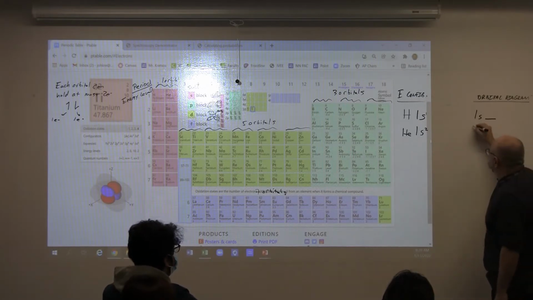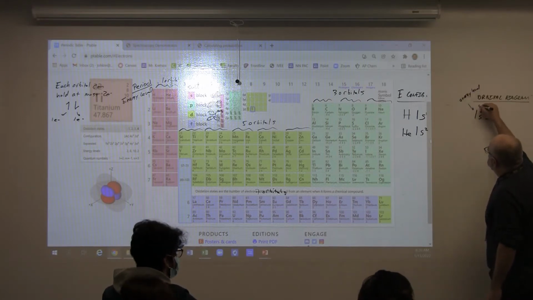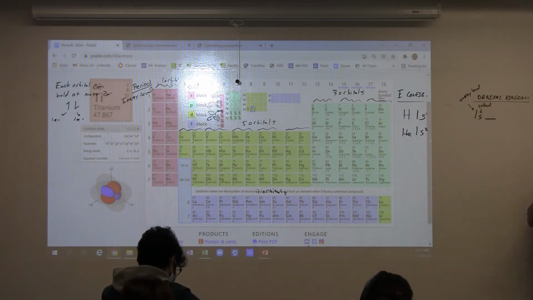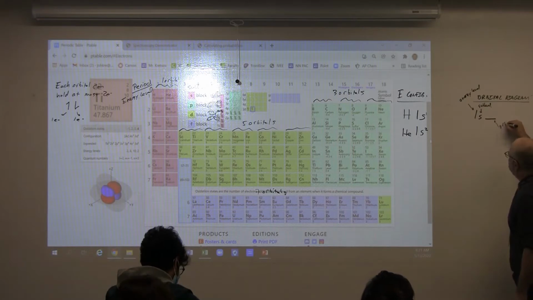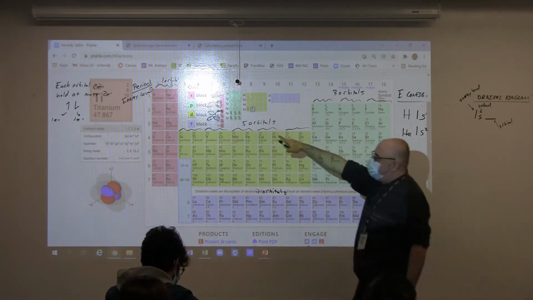So this is the energy level, which again corresponds to the row I'm filling. This is the sublevel, which describes the shape and energy of the cloud. And then this is the orbital. So this line is going to represent my actual cloud, so I don't have to draw that.